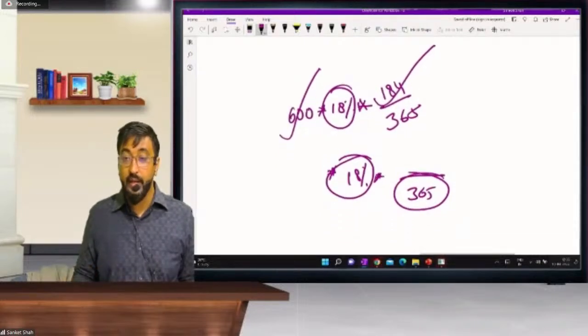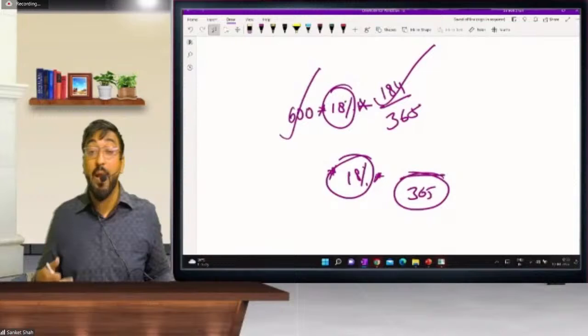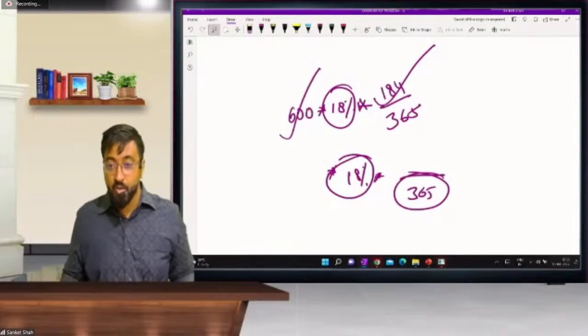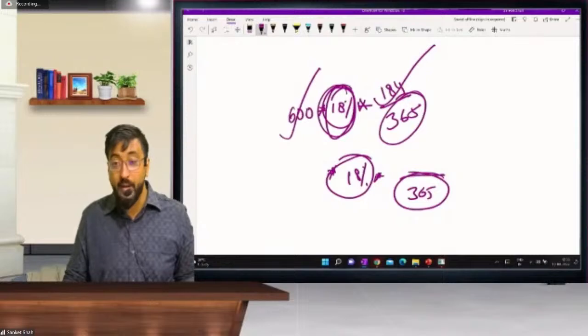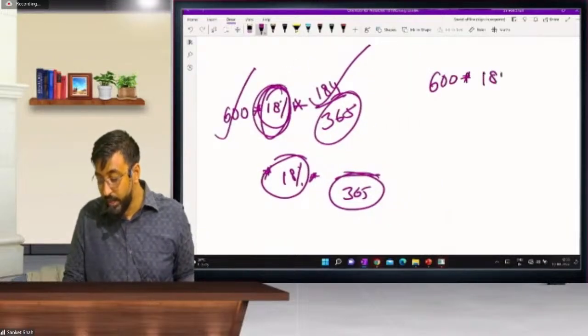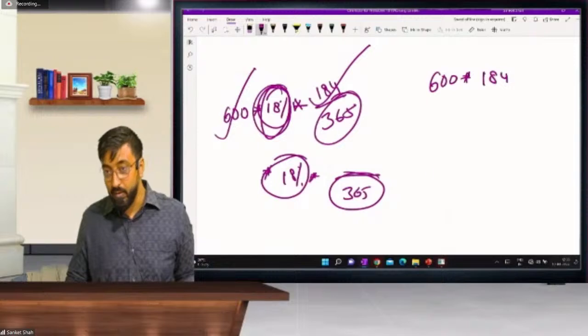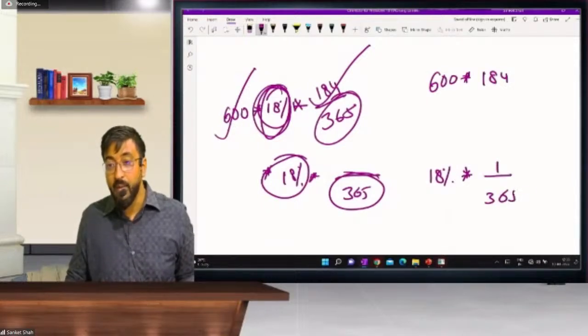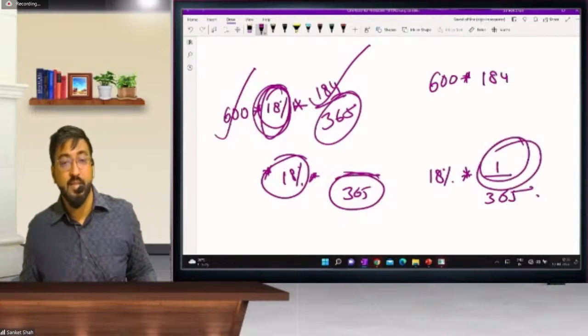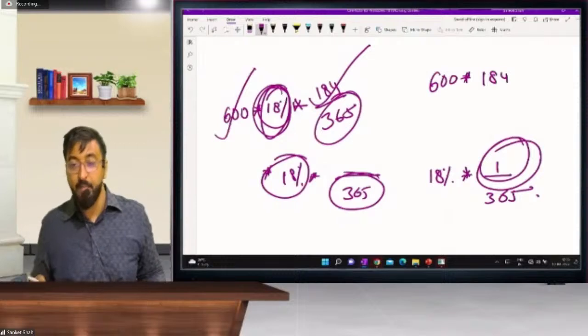So in interest method, we calculate it every time, 18% into product divided by 365. So this is, if we keep it common, and in product method, we multiply only 600 into 184. And at the end, we will multiply by 18% and divide by 365. That's why we calculate 1 upon 365 in product method. So it is like mathematics, simple mathematics.